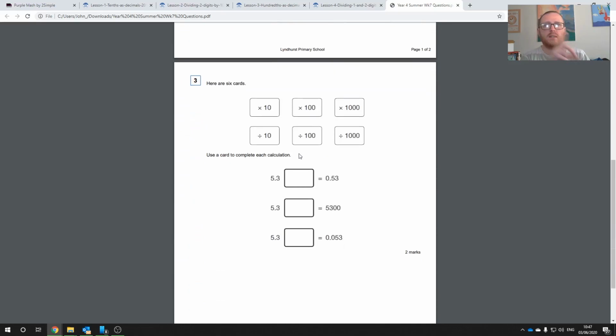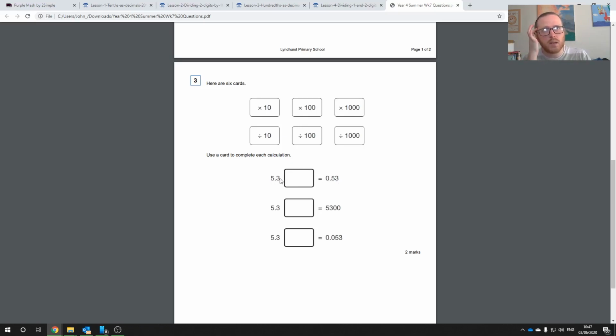Anyway, the hardest question, this one down here, you've got to choose the correct card that makes each of these number sentences correct. So you've got times 10, 100 and 1,000, and you've also got divide by 10, 100 and 1,000. And so 5.3 times 100 is, well, you know what? I know my logic here in my brain.